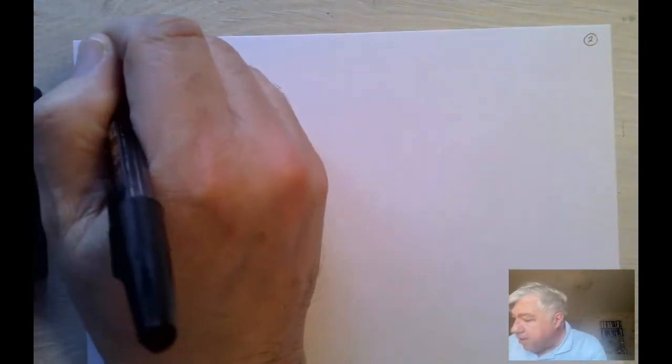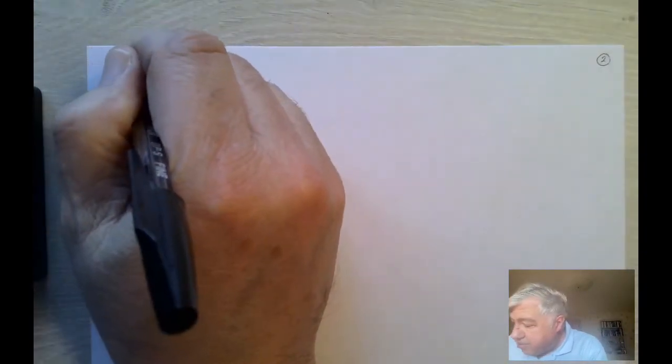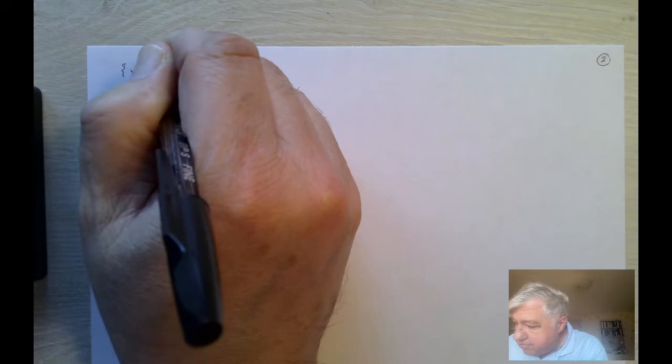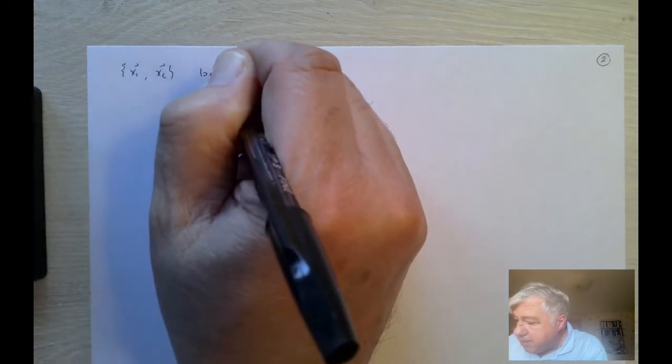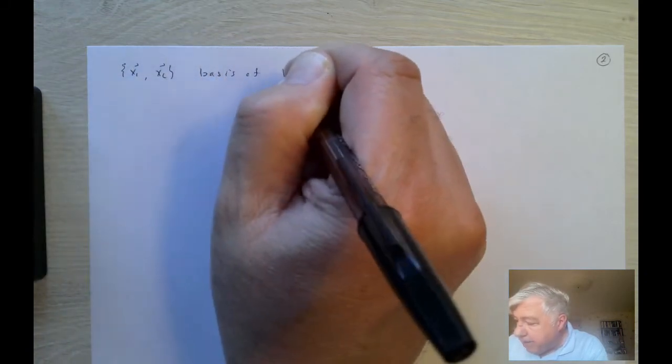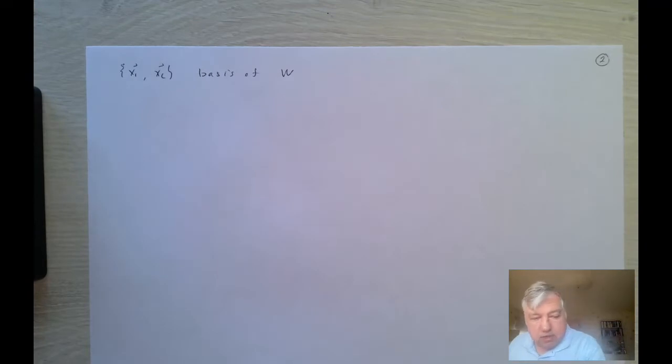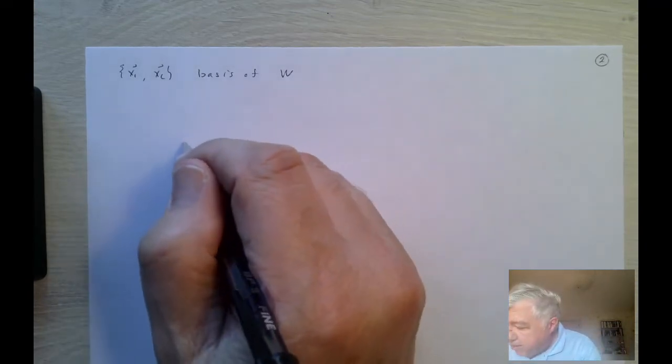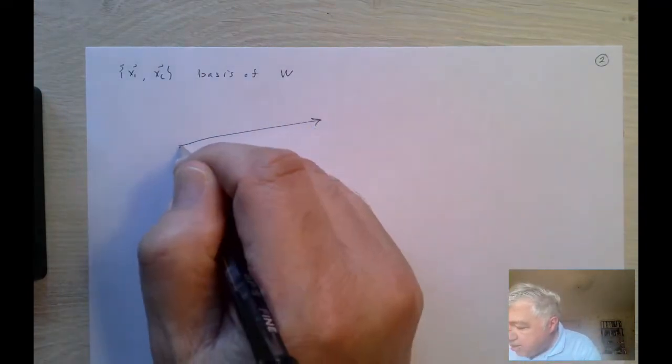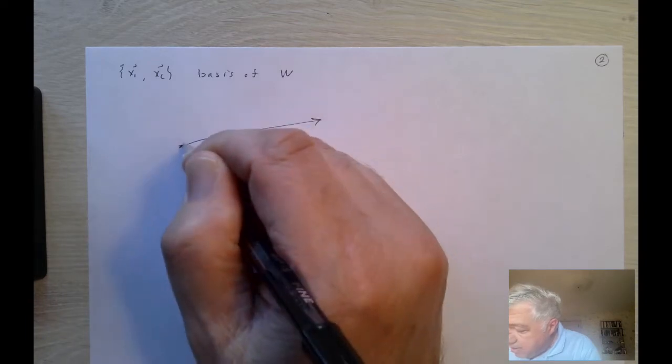So let's look at the two-dimensional case. Let's suppose that W is a two-dimensional subspace, and let's say that x1 and x2 is a basis of W. So here is x1, and here's x2.